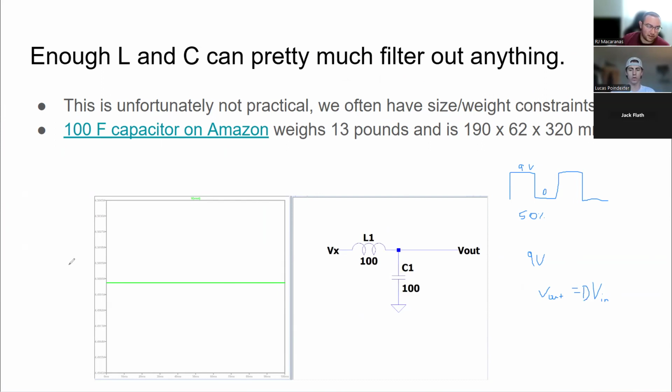And in this case, we see a little bit of drop just due to the resistance of the switches and of this little inductor here. Well, I guess it's a relatively big inductor. Different switching regulator topologies will have different transfer functions. And it just so happens that for this one you're seeing half the input voltage. If I were to increase this duty cycle up to 75%, I'd see 75% of nine at the output, at least from the DC standpoint.